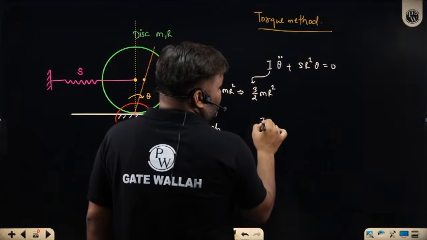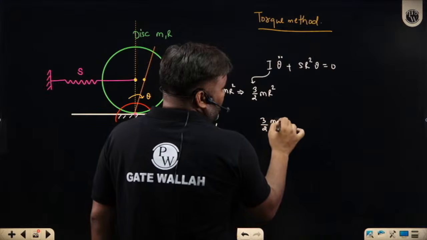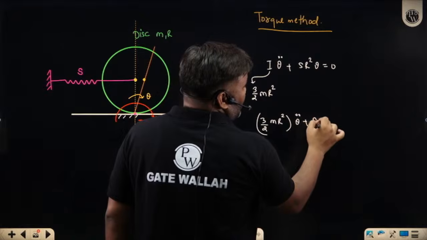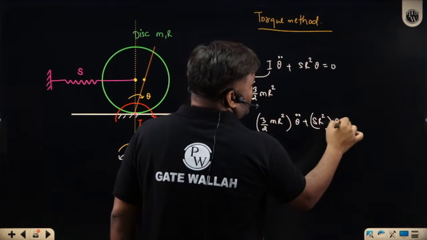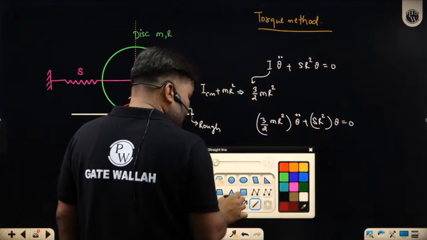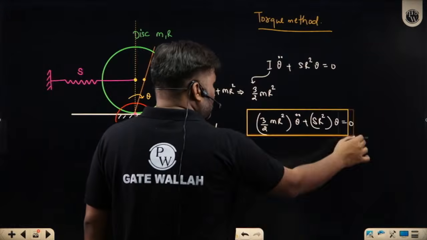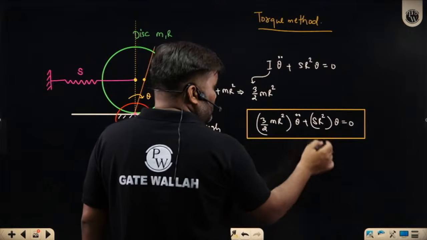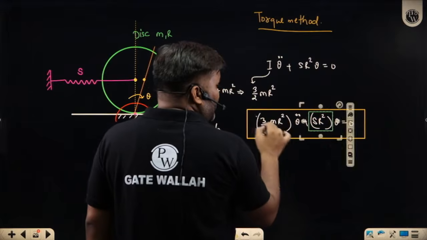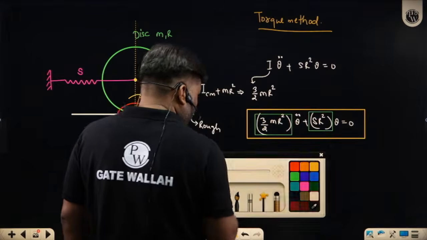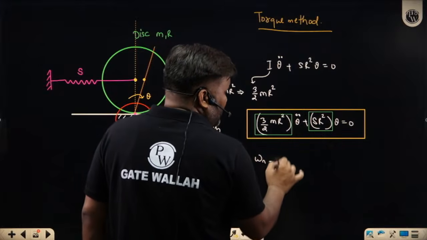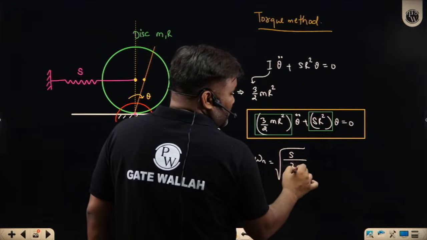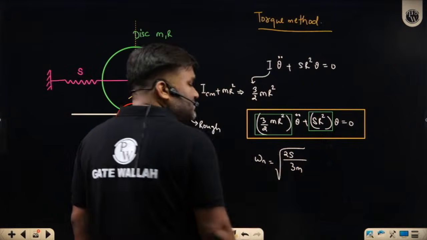What you will get? 3 by 2 mR square theta dot dot plus S R square theta is equal to 0. That's your beautiful equation. And under root this divided by this will be your omega n. How much will it be? R square gets cancelled. So under root S divided by 3m by 2. 2 goes up. Same answer.